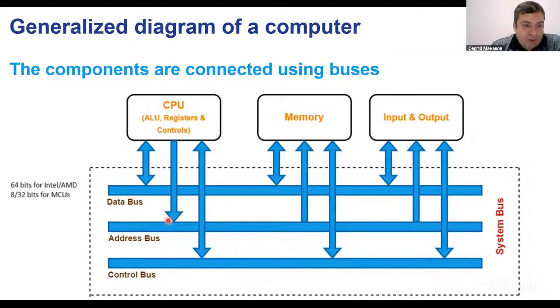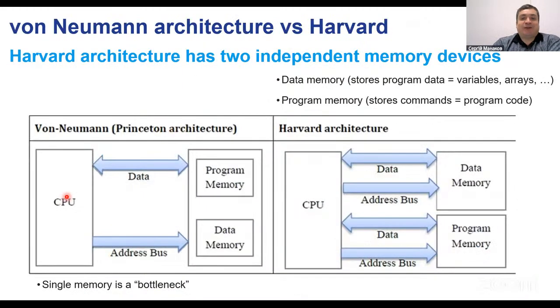By the way, 8 and 32 bits for the data bus are used in microcontrollers. MCU is a microcontroller unit, like Arduino, for example, but let's speak about it next.